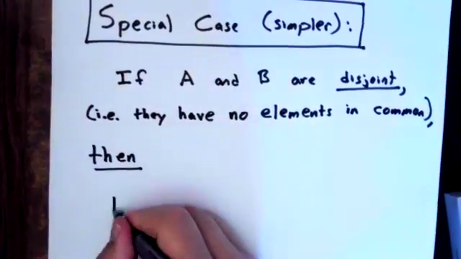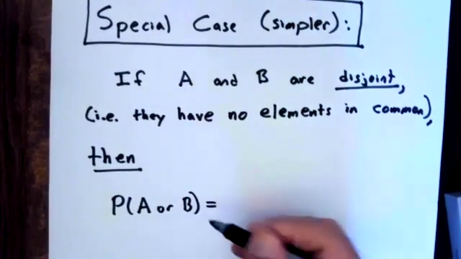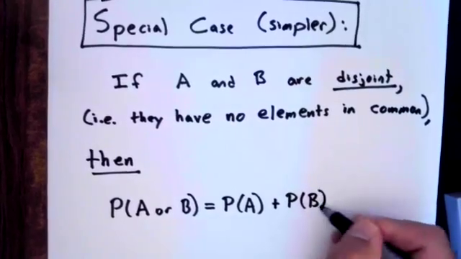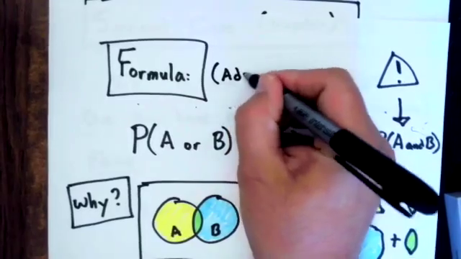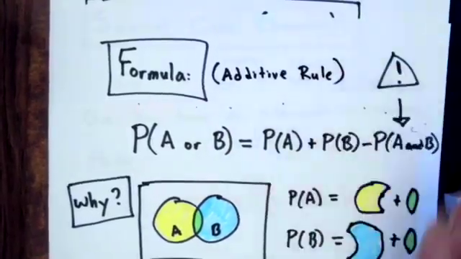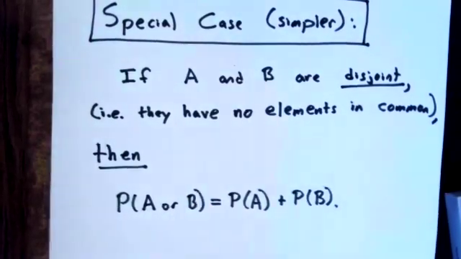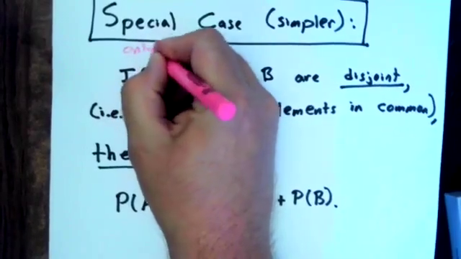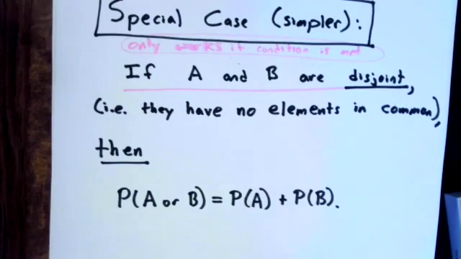Then the probability of A or B is just equal to the probability of A plus the probability of B. But notice, this formula that I gave originally, we call the additive rule or the general additive rule, this always works. Whereas this special case is only true if this condition is met. So in order to not subtract off the overlap, you have to make sure the events are disjoint.